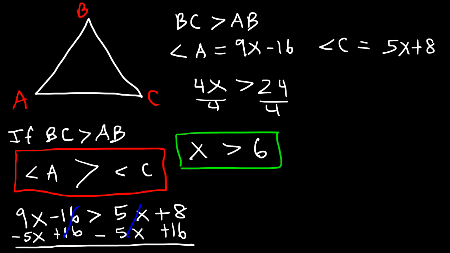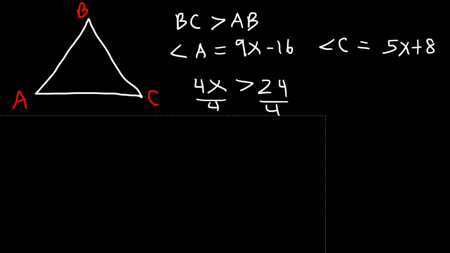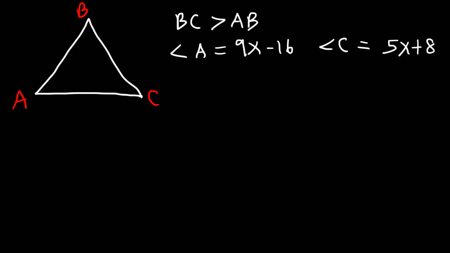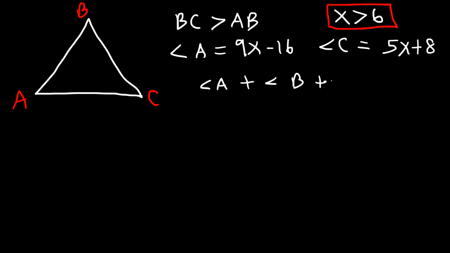Well, let's get rid of a few things first. Let's make some space. So I'm just going to write above here that x is greater than 6. Now, it's important to understand that angle A plus angle B plus angle C adds up to 180.